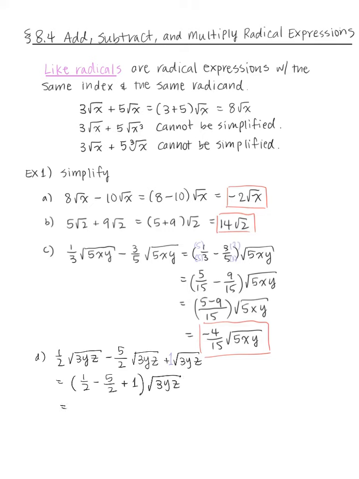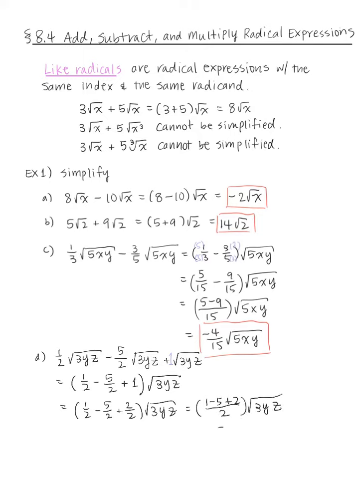Let's make that all into a common denominator of 2. So here what we're going to get is 1/2 minus 5 over 2 plus 2 over 2, and then square root of 3yz. And what do we get here? It looks like we're going to have 1 minus 5 plus 2, whole thing divided by 2, multiplying here by the square root of 3yz.